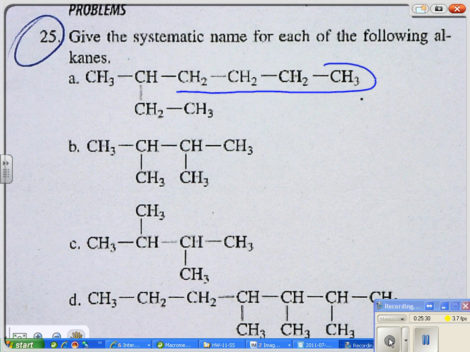There we go. Yay, give me a hand. All right, that's the longest chain. It looks like an ethyl, doesn't it? Doesn't that look like an ethyl substituent?